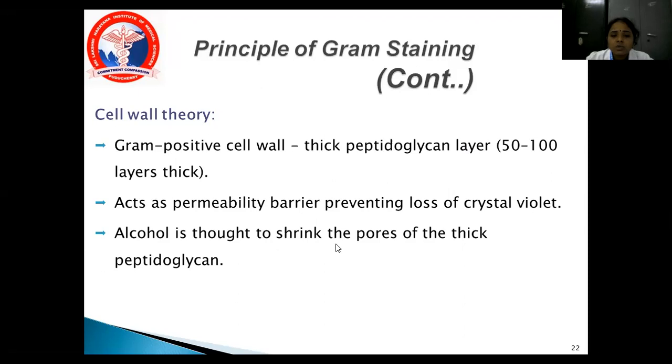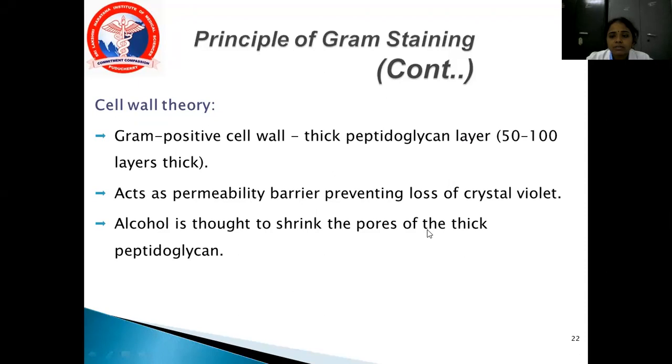The alcohol shrinks the pores of the thick peptidoglycan layer.